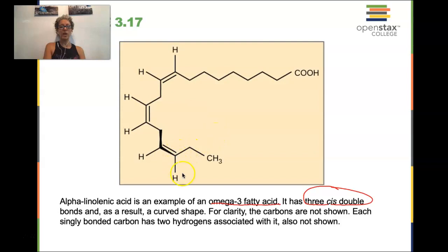And each time you have the hydrogens on the same side of a double bond, you cause that curve or bend, and when we have 3 of them, we get this sort of looped shape. So that is our omega-3 fatty acid. That's COOH. This oxygen would be double bonded to the carbon, and the OH would also be bound to the carbon. That is our carboxyl or carboxylic acid subgroup.